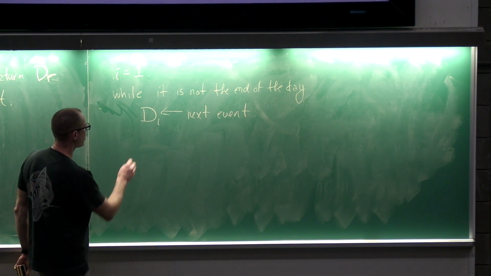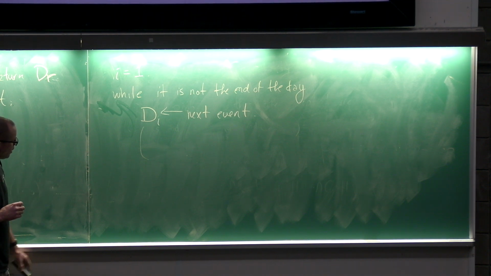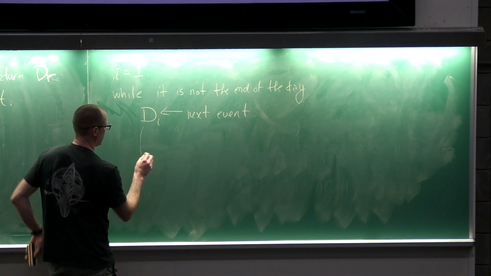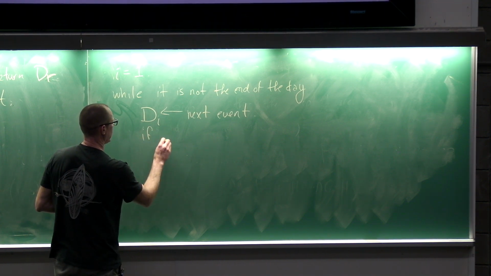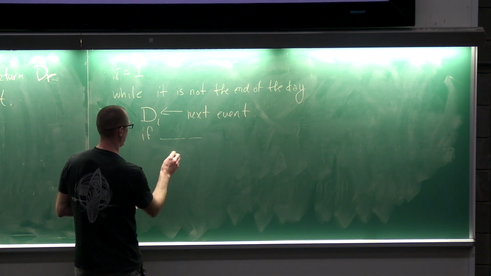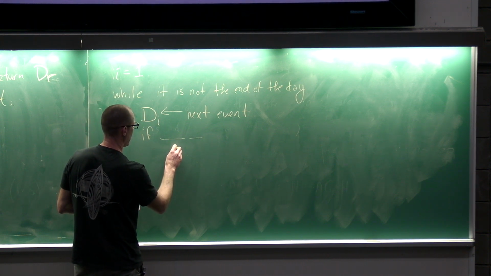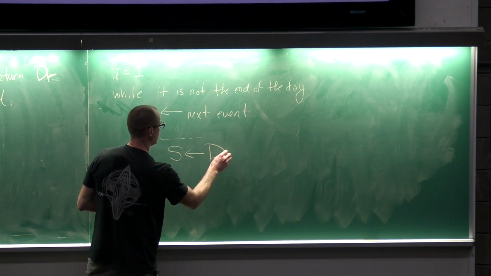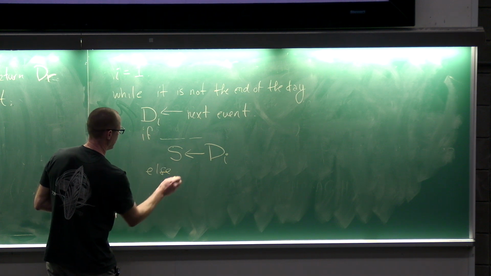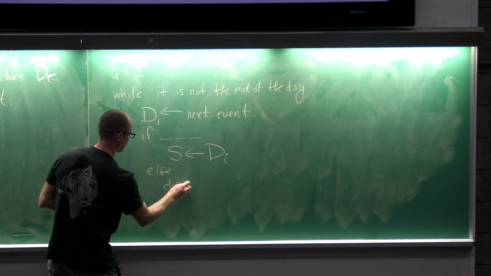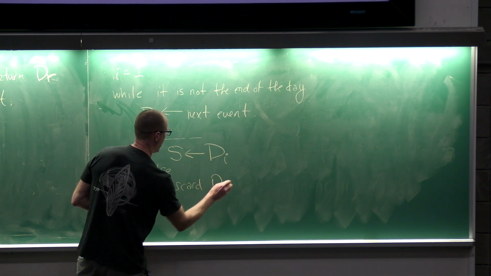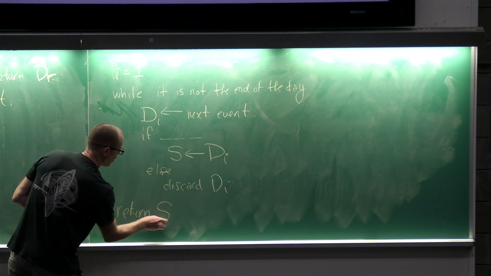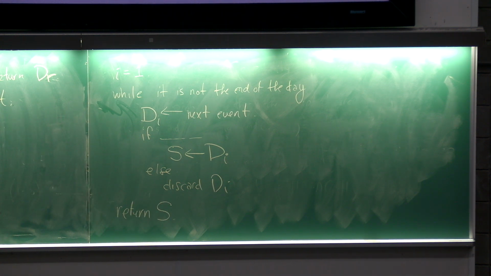Now you want to decide if you're going to save d_i or not. So you're going to have to make some decision. But once that decision is made, if something, then we're going to take our sample S and say that thing is equal to d_i. Else we will discard d_i. And then finally, at the end of the day, we're going to return S, our sample.